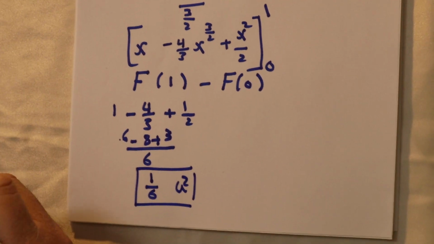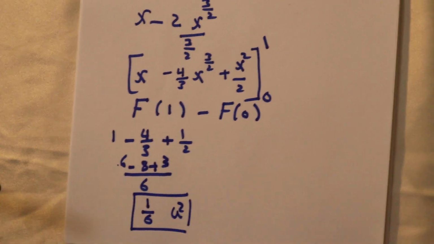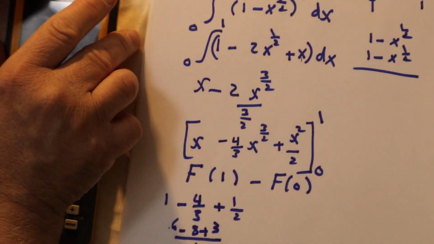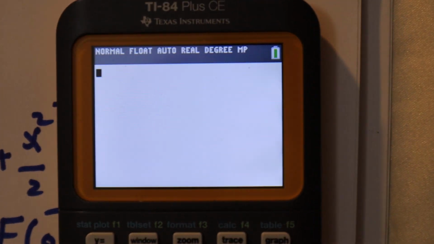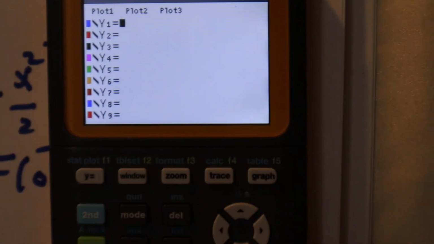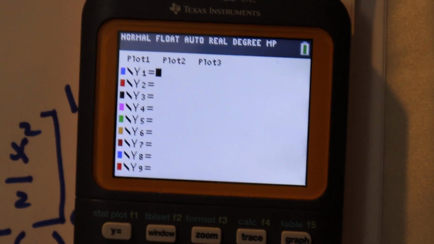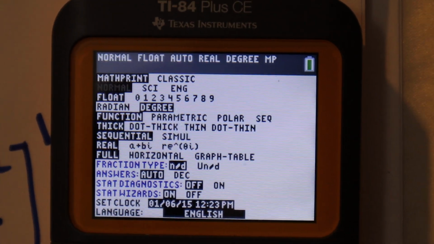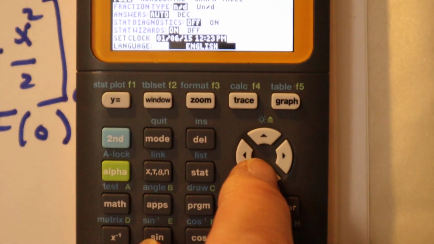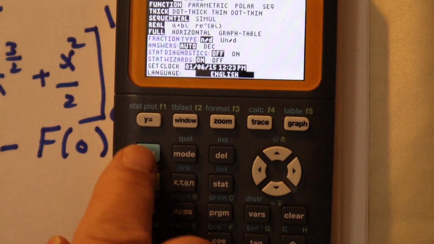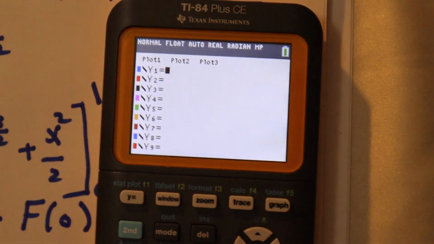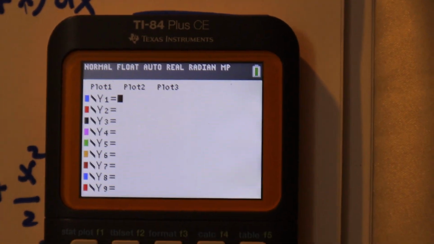We found the answer algebraically, and now we need to prove that we are right. What we could do is go to the graphing calculator, clear all previous data, press mode, scroll down, and make sure that you are in radian mode, not degrees. I don't want you to have any mistake when you graph the function.